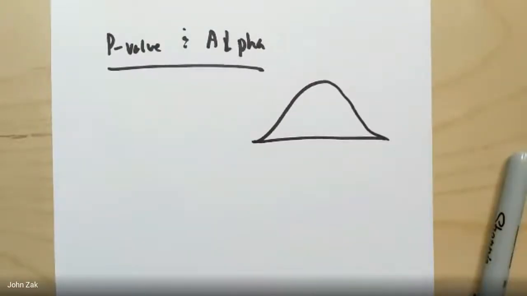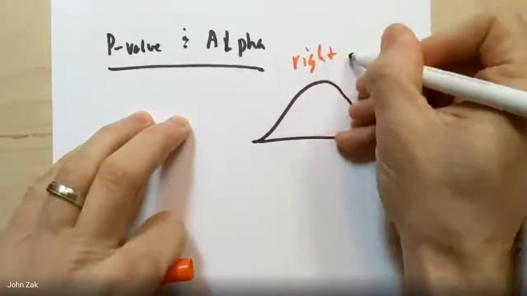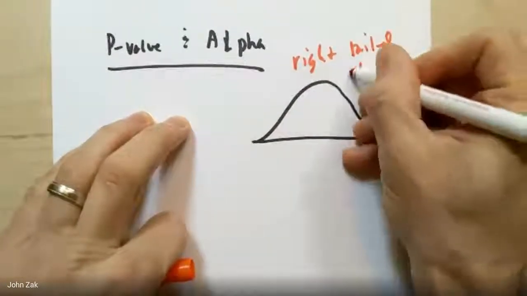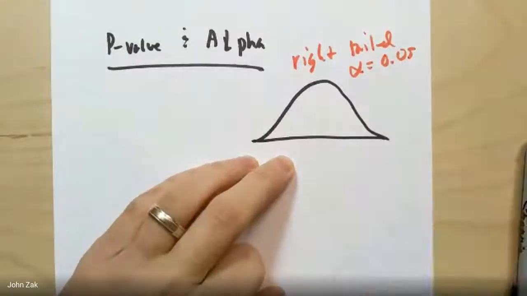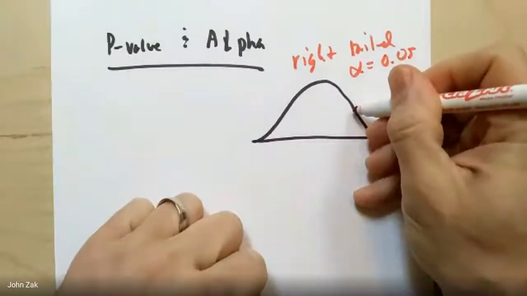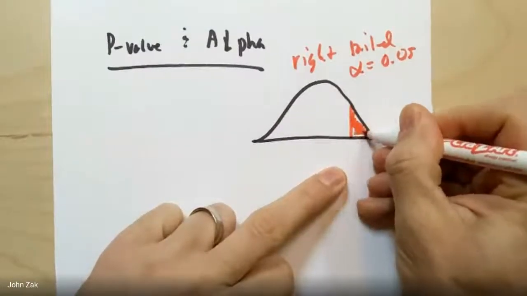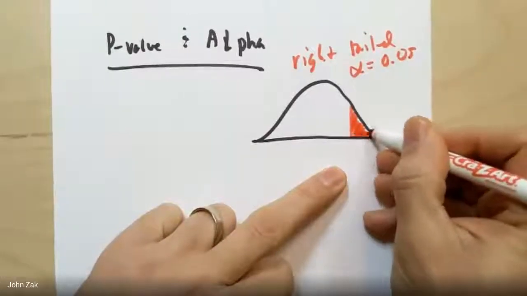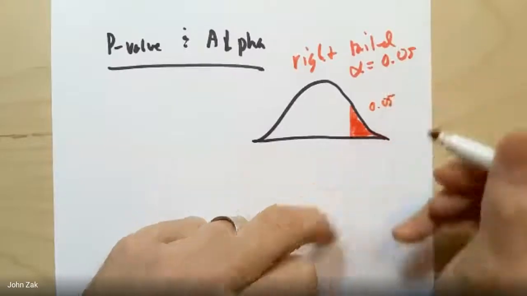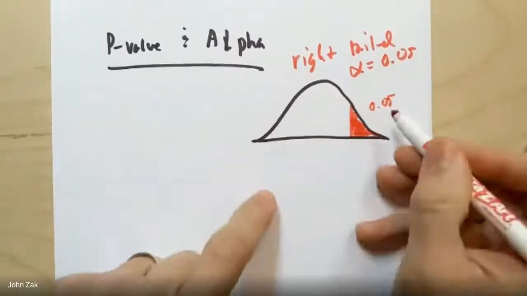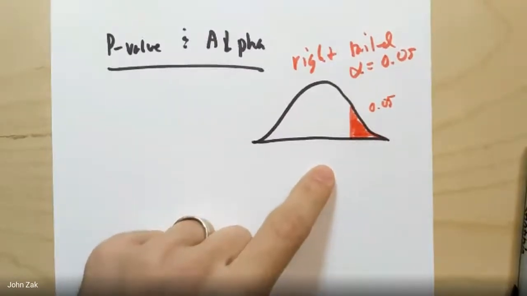Let's say we had a right-tailed test with an alpha of 0.05. Then we would shade everything on the right of our distribution, about 5% of the normal curve.